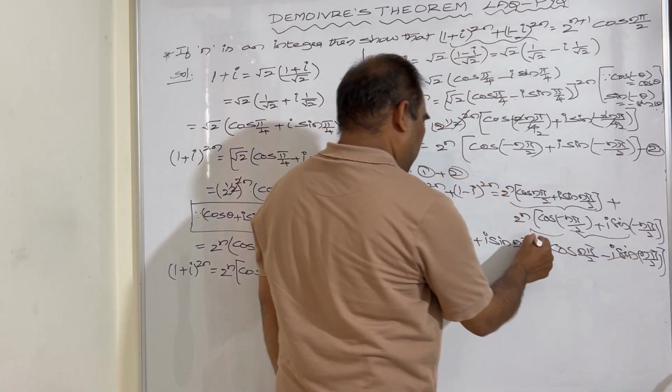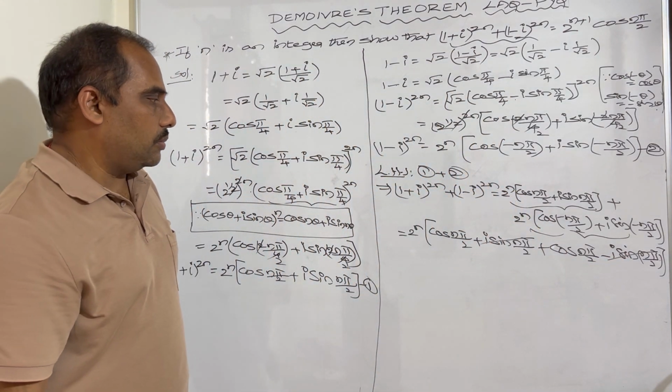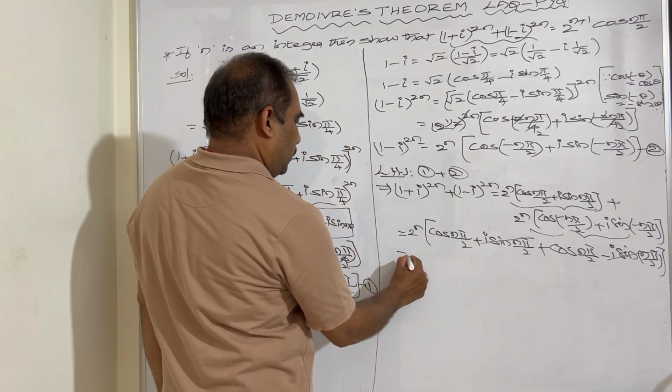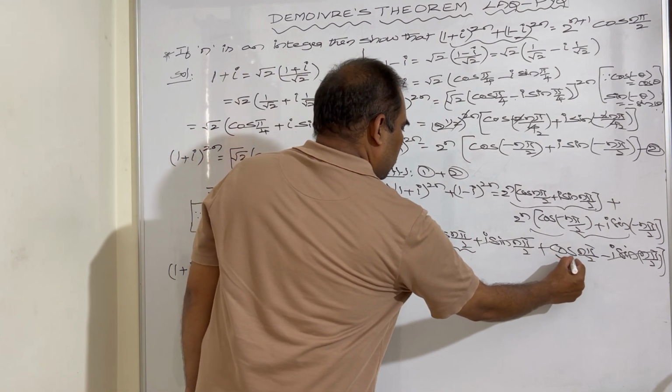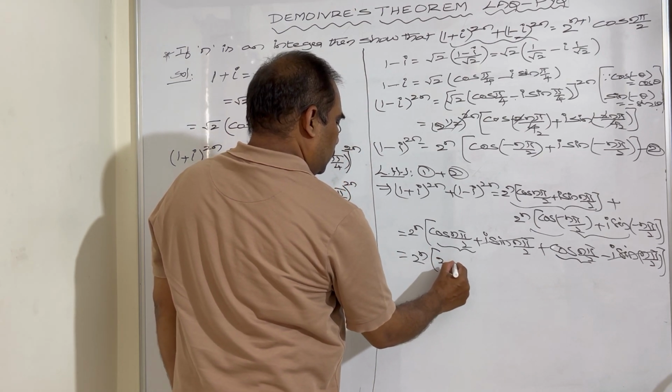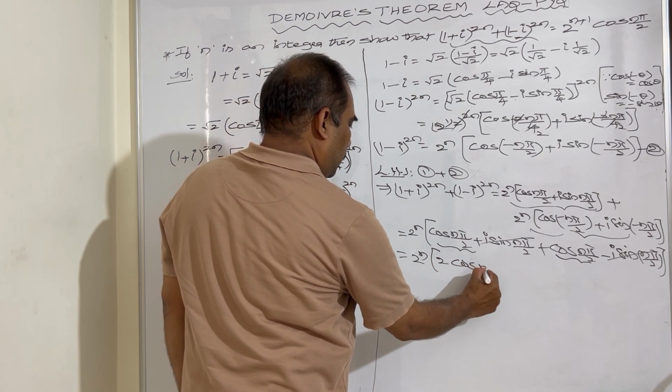So minus i sine n pi by 2 plus i sine n pi by 2 gets cancelled. So we have 2 to the power of n into cos n pi by 2 plus cos n pi by 2. So this is 2 cos n pi by 2.